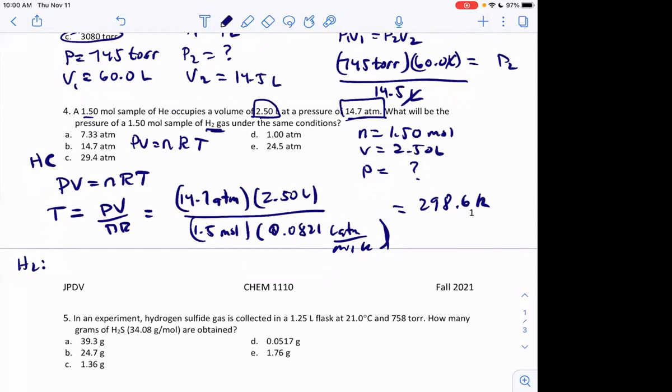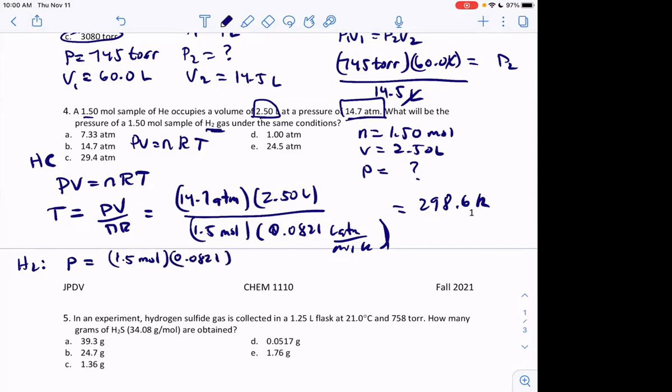So it's asking you to realize that hydrogen would have the same temperature as helium at the same conditions. And that's what kinetic molecular theory tells us, right? Doesn't matter the identity of the gas, it's going to be under those same conditions. So let's do that now. We're asked for pressure. So pressure is equal to nRT over V: n is the same, 1.5 moles, R 0.0821.